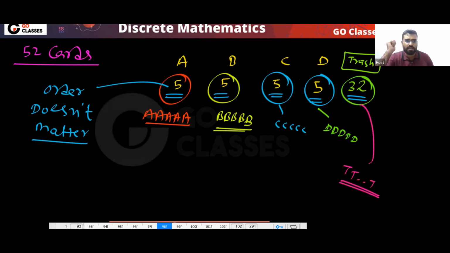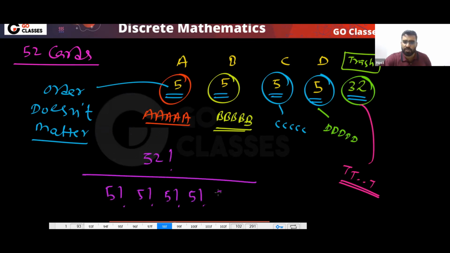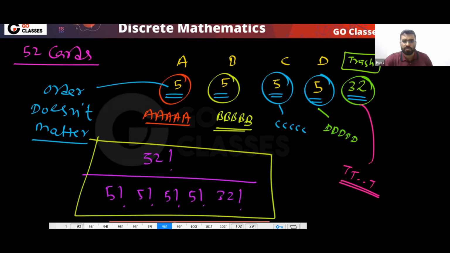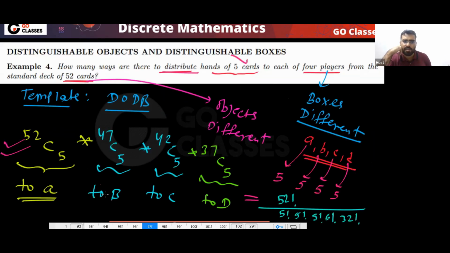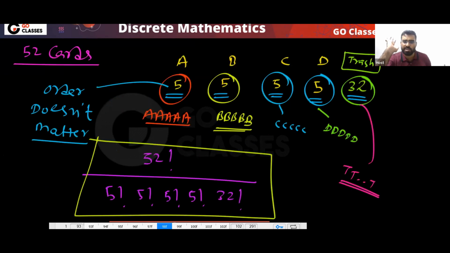So finally, what is your answer? Your answer is very simple. Basically, it is 52 factorial divided by 5 factorial, 5 factorial, 5 factorial, 5 factorial, 32 factorial. Like this you can do. Anyway, you just have to understand this method. Is this clear to everyone? Tell me, is it clear?